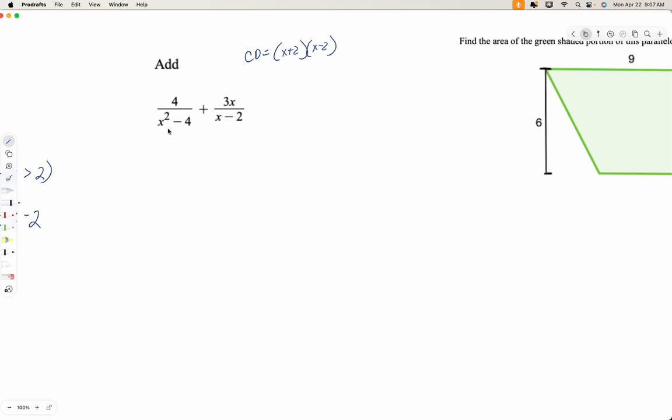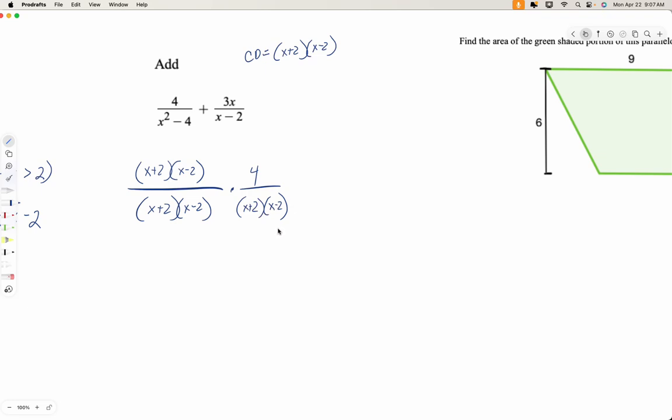So what we're technically doing is we are saying x plus 2, x minus 2 over x plus 2, x minus 2 times 4 over x plus 2, x minus 2, right? That's what we're technically doing.